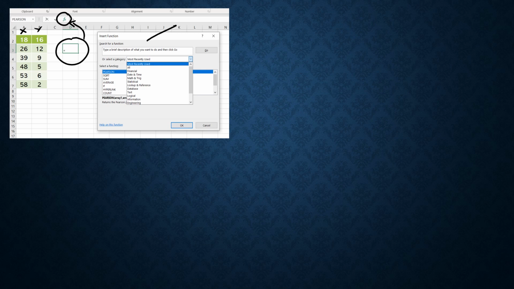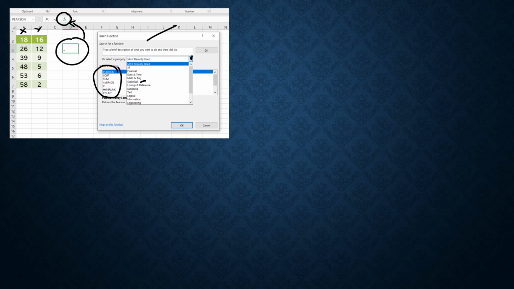Now, you're going to take a look for Pearson. If there is no Pearson in this one, you're going to press this below button and then press statistical. And then you're going to find the Pearson.